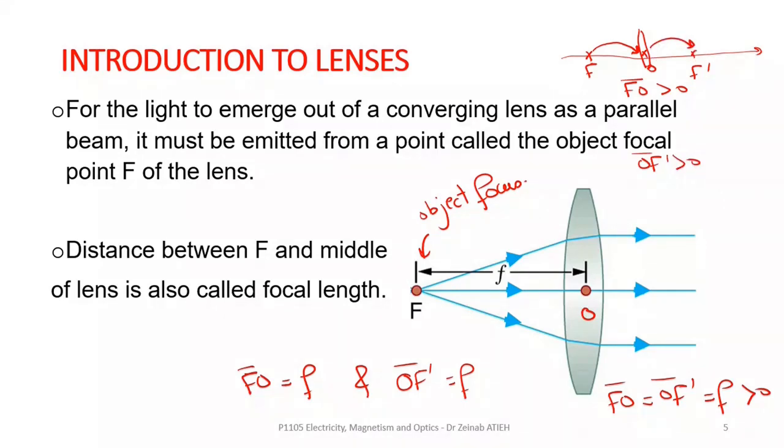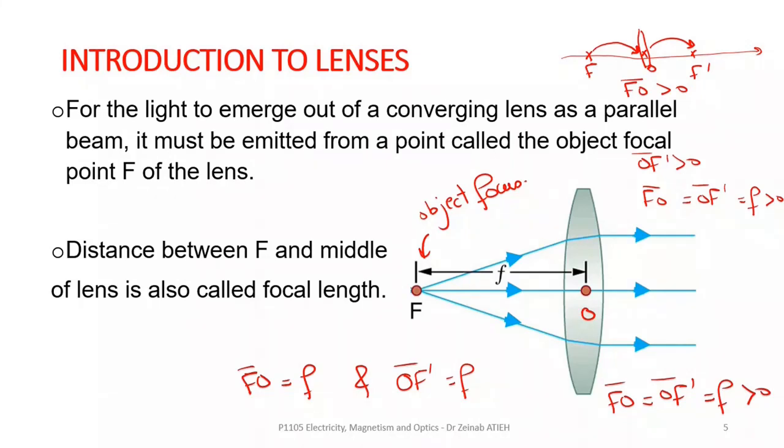So FO equals OF prime equals f, which is positive. Okay, this is for a converging lens. So again, we will say that the distance between F and O is equal to the distance between O and F prime. The image focus is real. The object focus is real. This is for a converging lens.